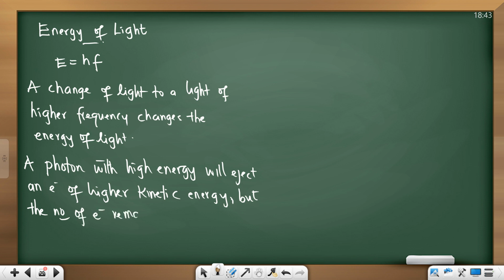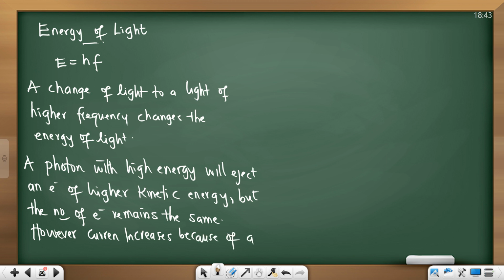Electrons remains the same. However, current increases because of a shorter time. I don't know if that makes sense. That current will still increase.